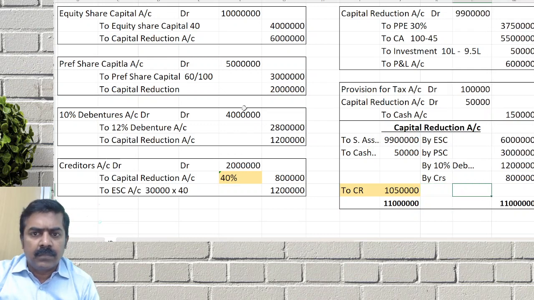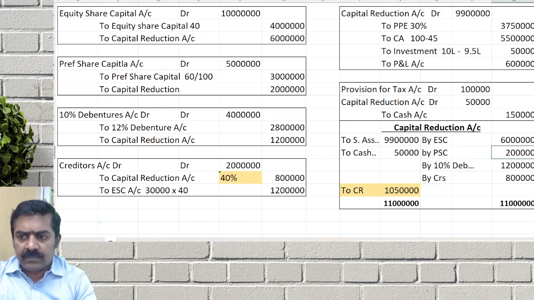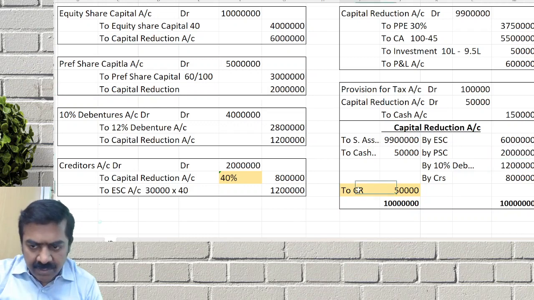Preference 20 lakhs transfer. 20 lakhs, okay. 50,000. Capital reserve 50,000.